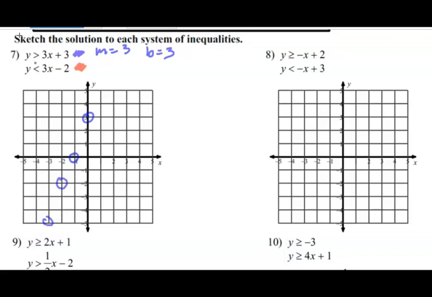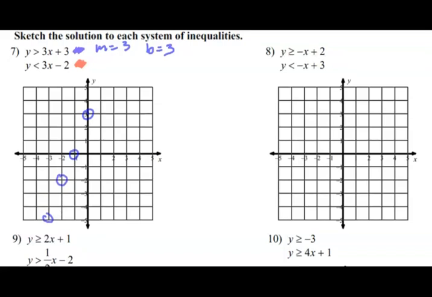And then we could draw our arrow. And then we'll do the red one. The slope is 3 and the y-intercept is -2. So start at -2, up 3, right 1, and so on. And then draw your arrow.